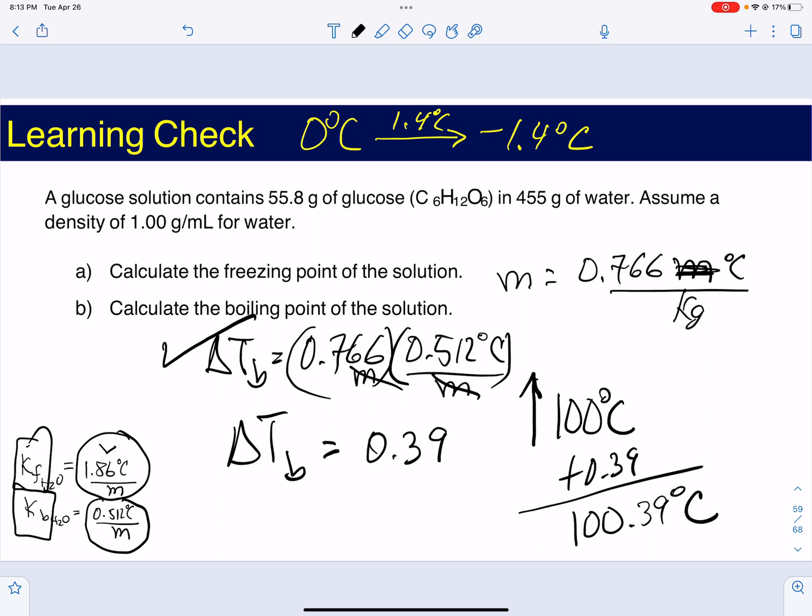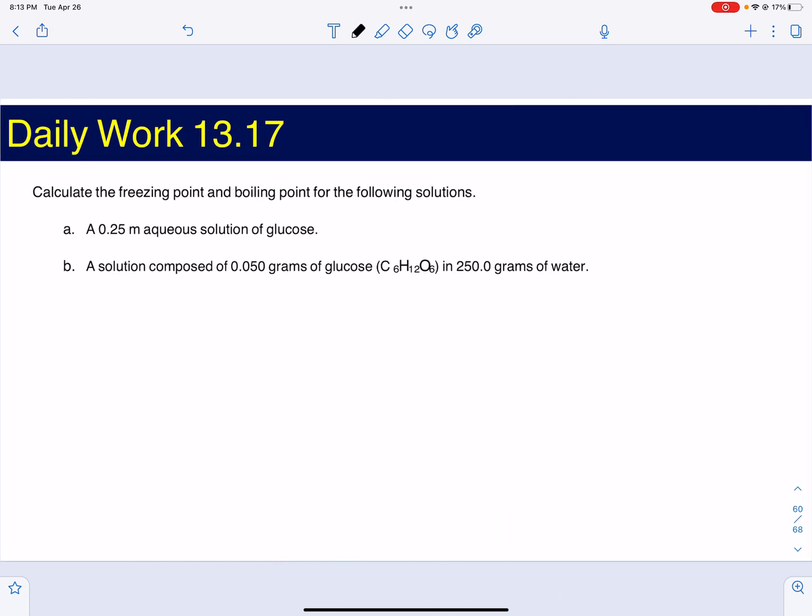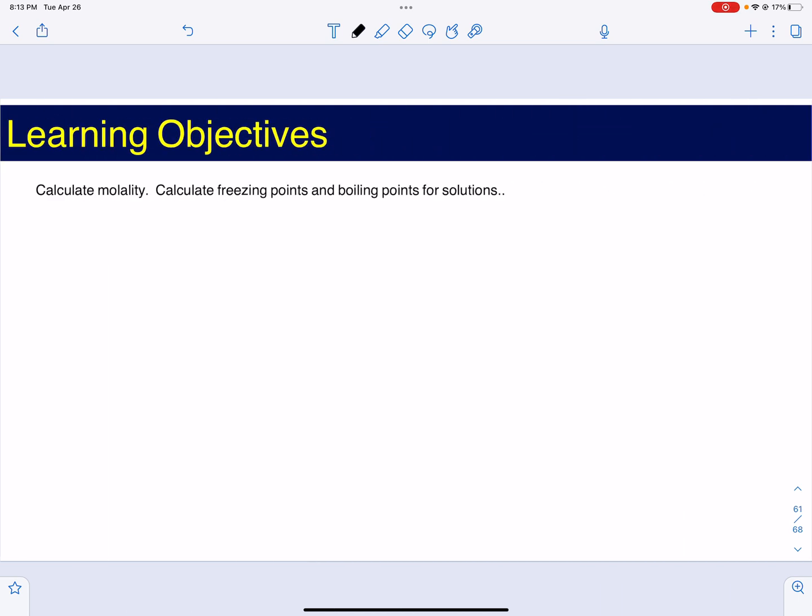So I'm affecting the property by changing the amount of the solute that I put in there. So based on that, you should be able to work these two problems. And once you do that, we're done with introducing you to what molality is and how it affects the freezing point and the boiling point when you create a mixture or a solution.